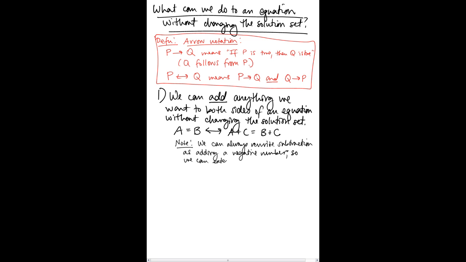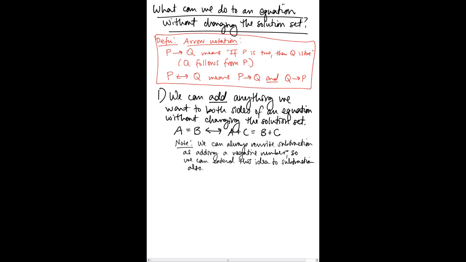So we can extend this idea to subtraction also. So we could say if c were negative and we added it to both sides, it would be like the same thing as saying we can subtract whatever we want from both sides, and it won't change the solution set.